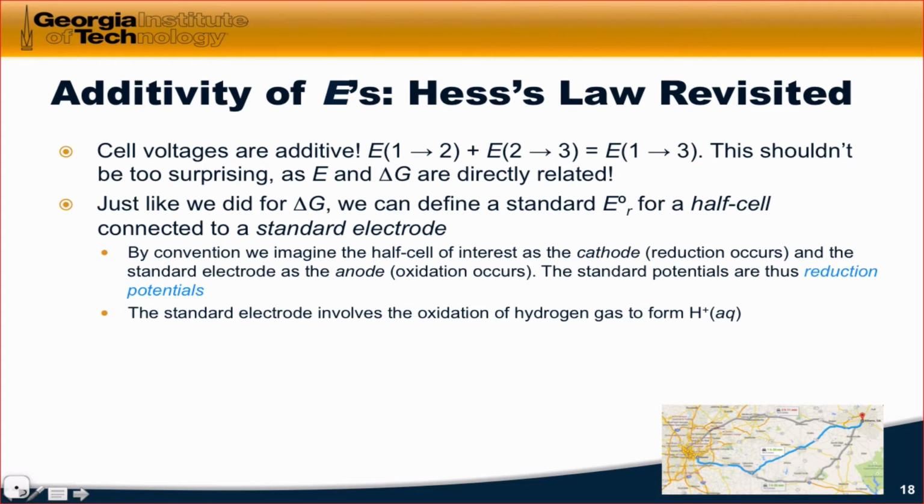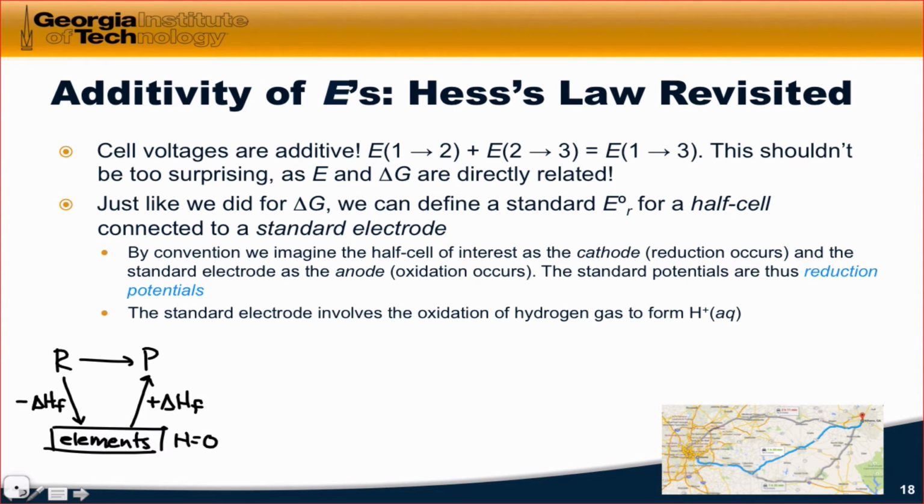Remember that the idea when we did this for enthalpy and enthalpies of formation was that we defined the enthalpies of all of the elements to be 0. That meant that we could take the reactants back to their elements, and there was some negative change in enthalpy associated with that of formation, and then convert those elements back to products, and there was some positive enthalpy change of formation associated with that.